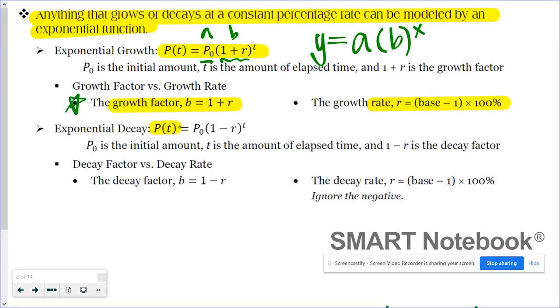Exponential decay can be represented with this function, where P sub 0 is your a value and 1 minus r is your decay factor. The decay rate is found the same way as the growth rate, by going base minus 1 times 100%. This will result in a negative. Simply ignore the negative.